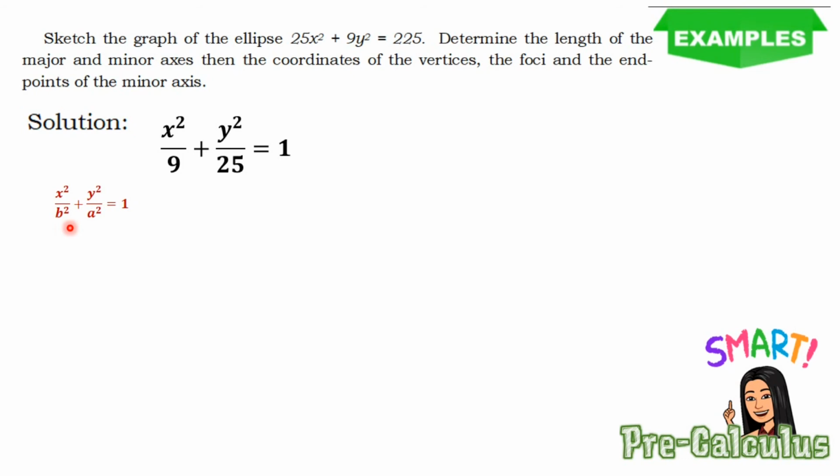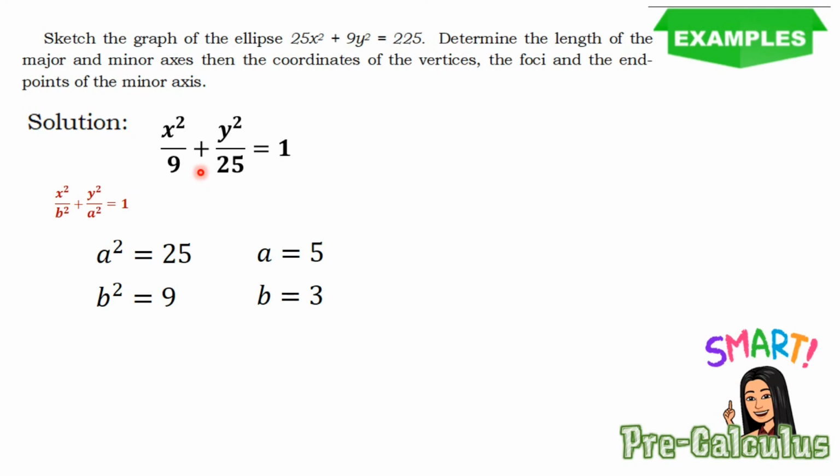Okay? So now, we are to get the value of A squared. Our A squared is equal to 25 kasi ayun si A squared. So if we are to get the value of A, our A is now 5, since square root of 25 is 5. For our B squared, we will be having 9. And for our B, we will be having 3.